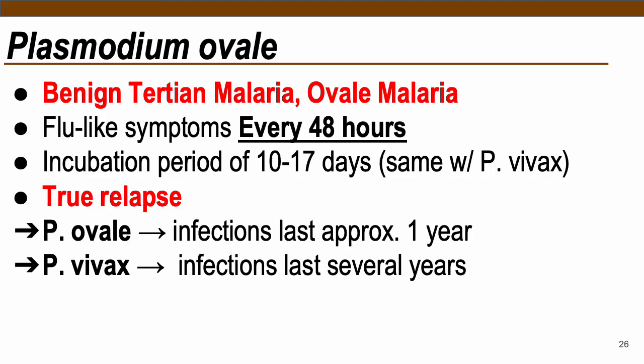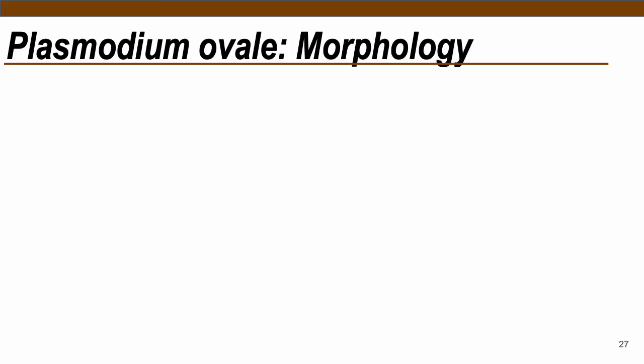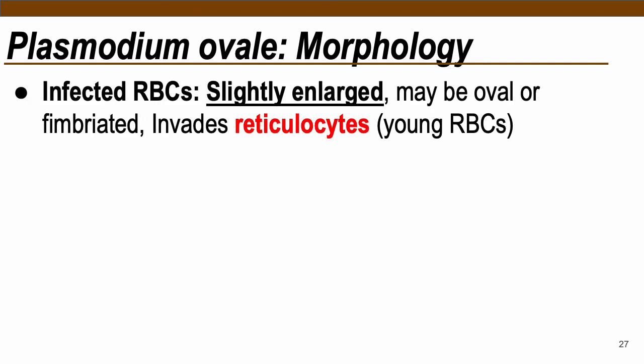For Plasmodium ovale, the infected RBCs are slightly enlarged and sometimes may be oval in shape or fimbriated. When you say fimbriated, that means sometimes hair-like extensions may be seen surrounding the cell. Only reticulocytes or young RBCs are more infected with this particular parasite.